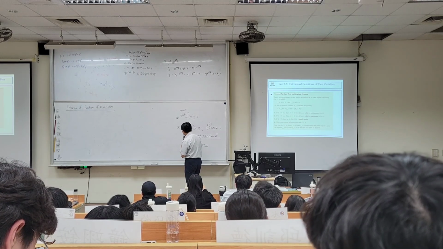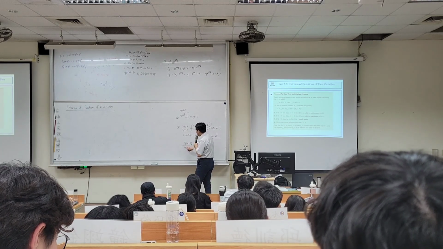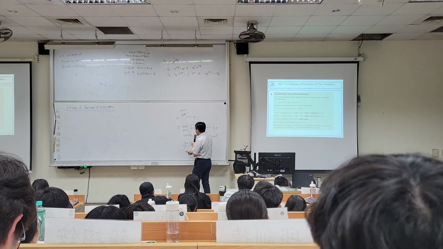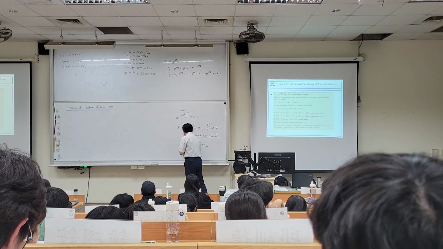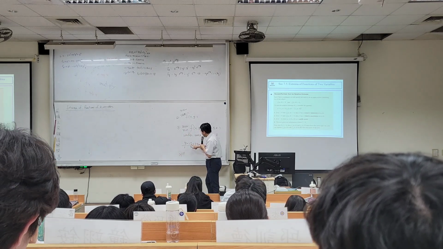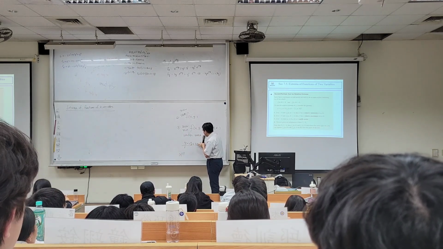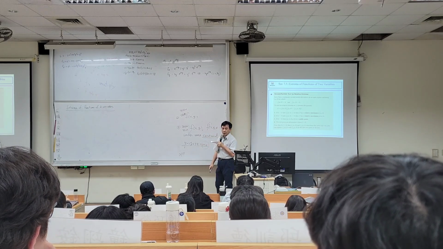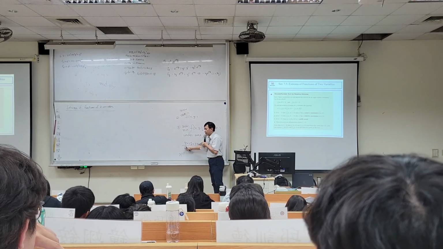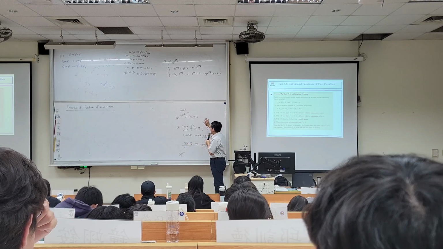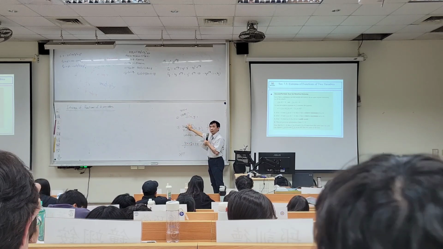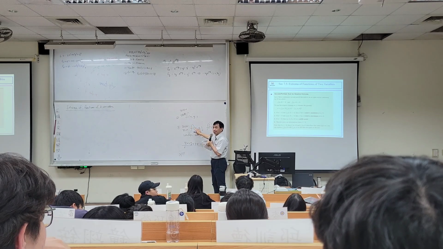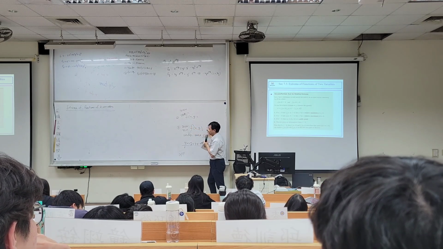Say it's $1 per unit for this product, $2 per unit for that product, then $3 per unit for this, and you only have a total of $100. Under this constraint, you want to find the maximum or minimum of this function.